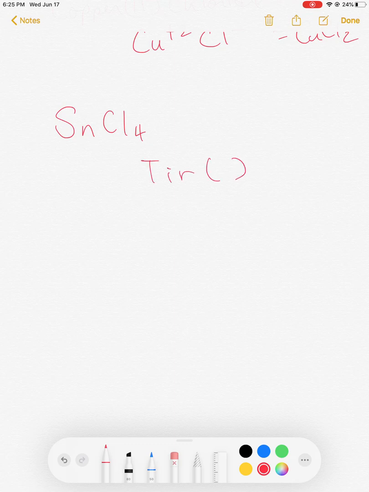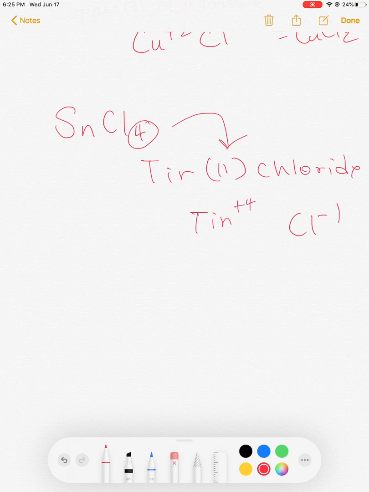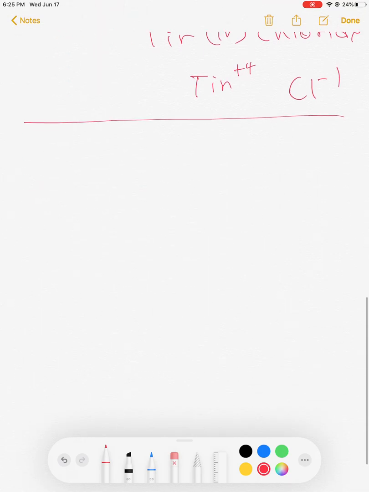Now, we know the name, but we need to figure out the charge on tin. So we're going to work backwards. Chloride is always -1, and if you have 4 of them, then the charge on this tin must balance out 4 times -1. So that has to be +4. So that's tin(IV) chloride.